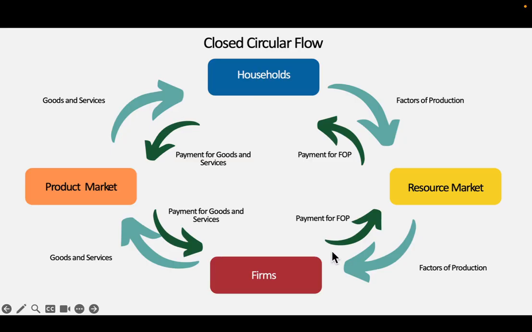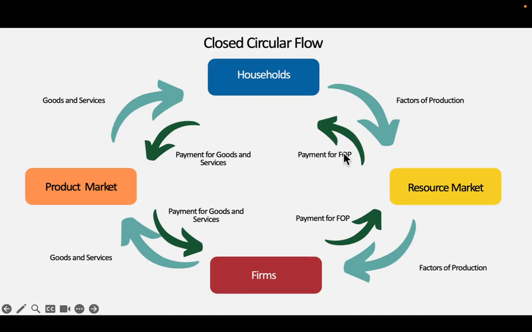Firms will pay money for factors of production, so like natural resources, land, labor, capital, entrepreneurship. And the resource market will provide factors of production. The household, they'll provide factors of production. So like the household will provide labor to a resource market, and the resource market will provide payments for factors of production.